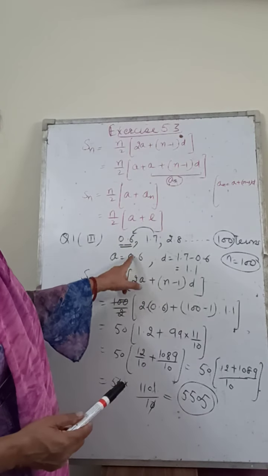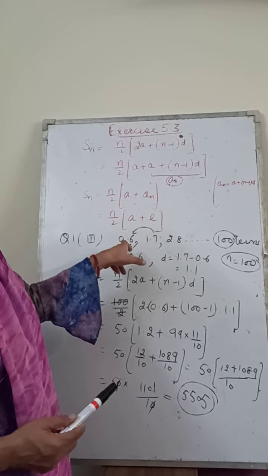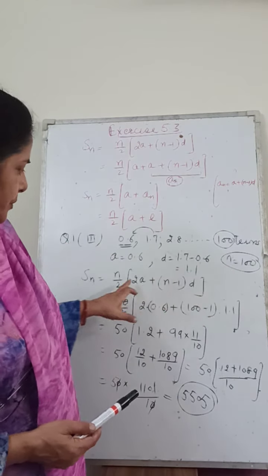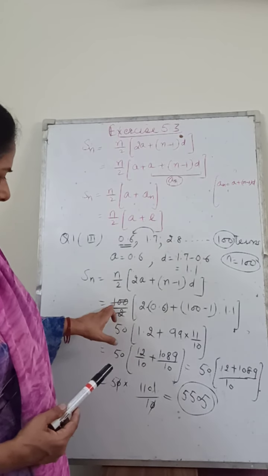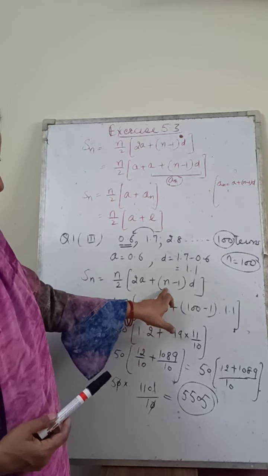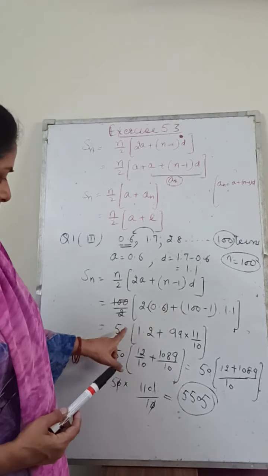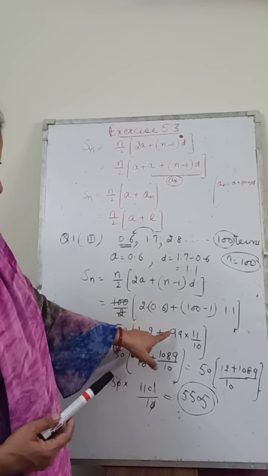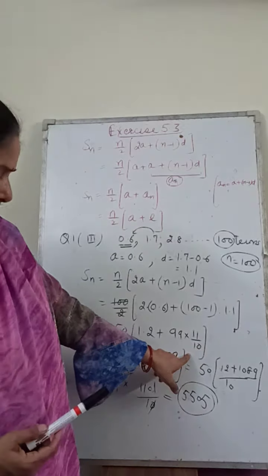Look again, a is 0.6, d is 1.7 minus 0.6, which comes out to be 1.1, and n is 100. Use the formula and put all the values. N upon 2 means 100 upon 2. 2 into a means 0.6 plus 100 minus 1 and d is 1.1. 100 by 2 cut, 50, 1.2 plus 99 into 11 upon 10.